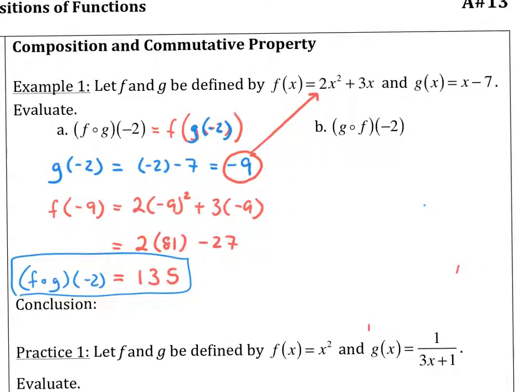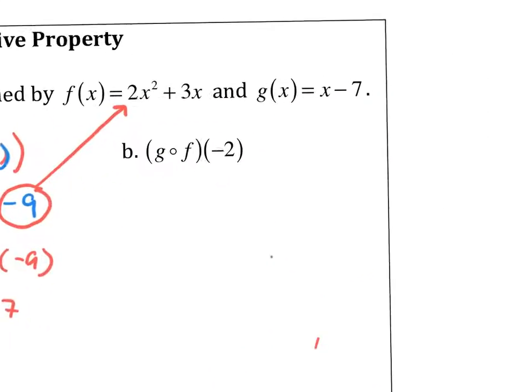So, simply put, we evaluate a function at one particular point and we pass that on to the next function. So here we evaluated g and passed it on to f. What's this one saying? Well, this one is saying that I'm going to evaluate f first and then pass that result on to g.